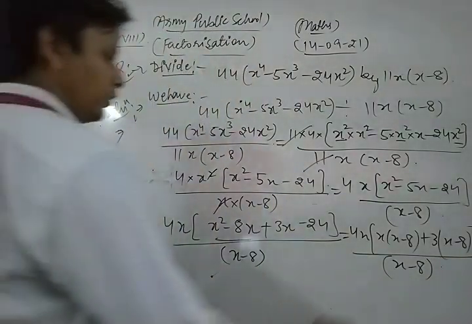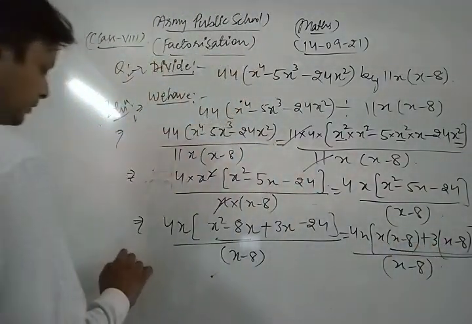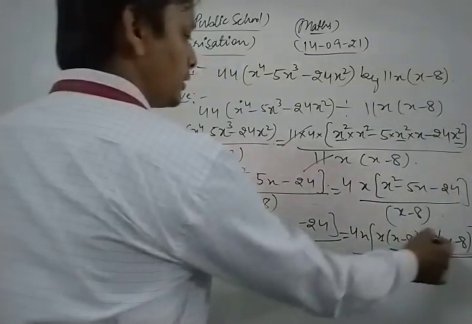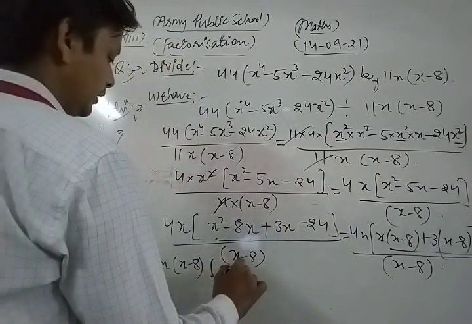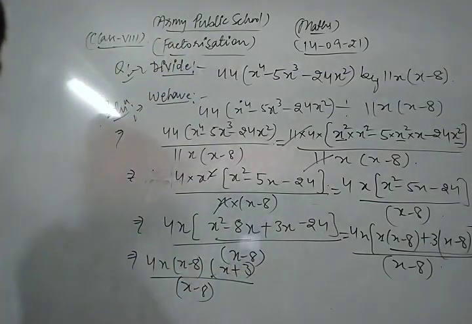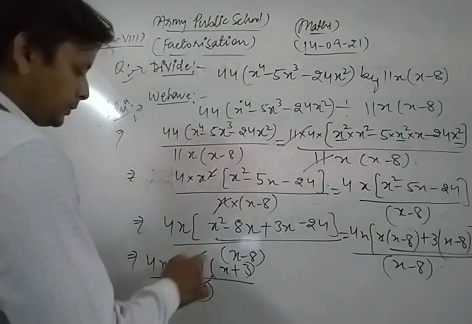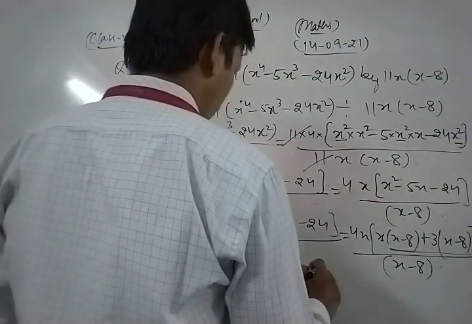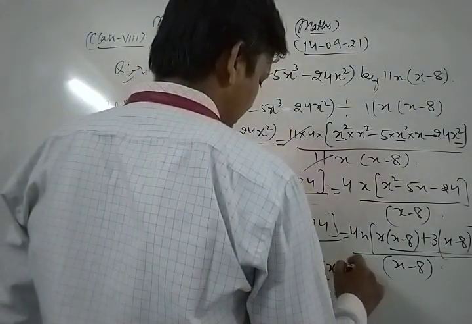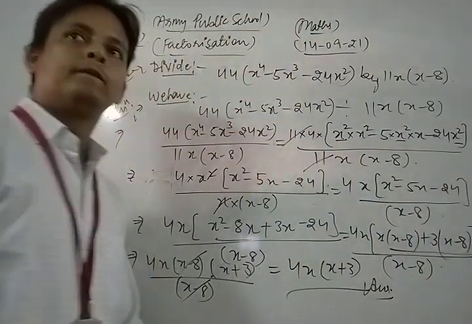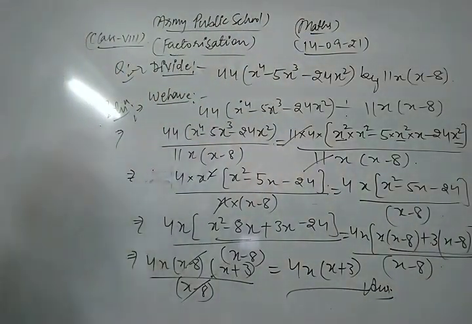Now from the numerator we take x minus 8 as common, so 4x and in another bracket x minus 8, so x plus 3 is left in the other bracket, upon x minus 8. Now here x minus 8 cancels, so we get 4x into the bracket x plus 3. So this is the required solution of the given question.